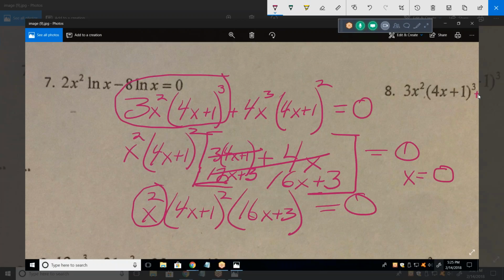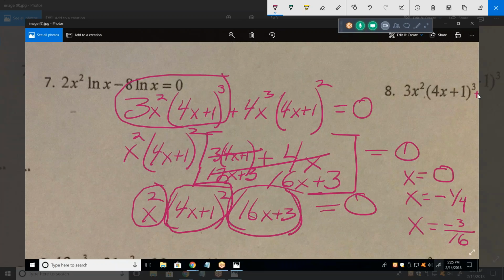And now what makes that 0? Negative 1/4. Yeah, and only that. And finally, what makes that 0? Negative 3/16. There you go. All three of those answers.